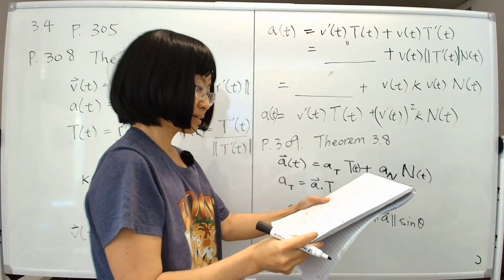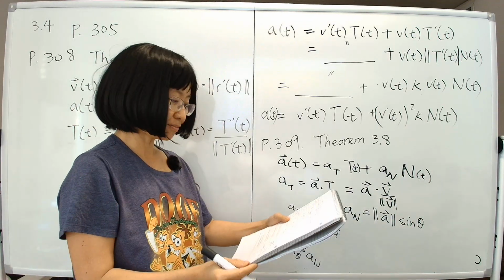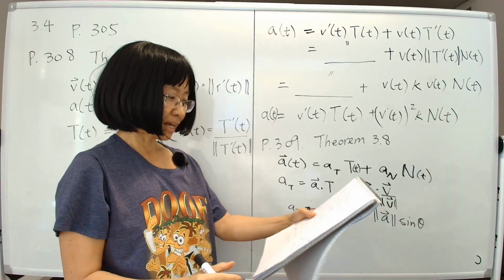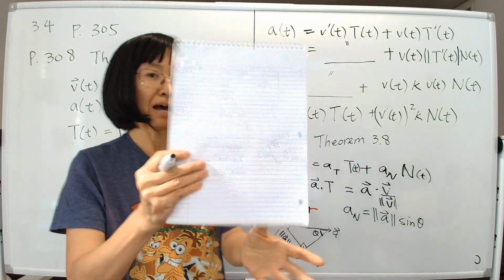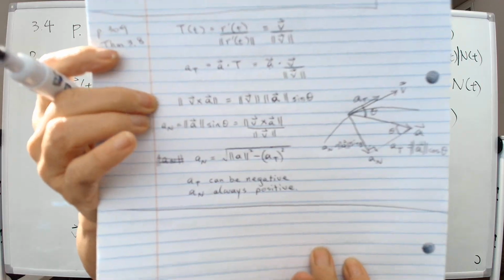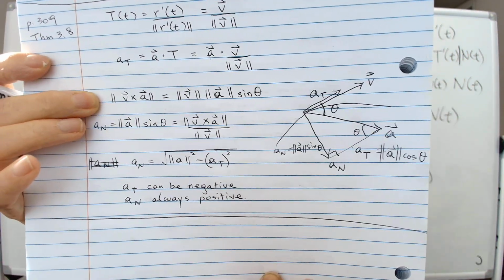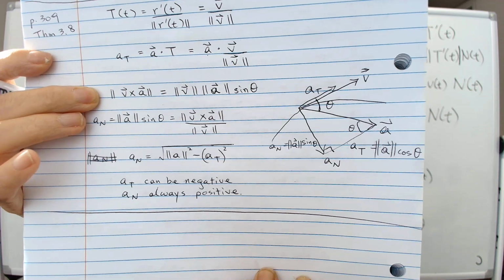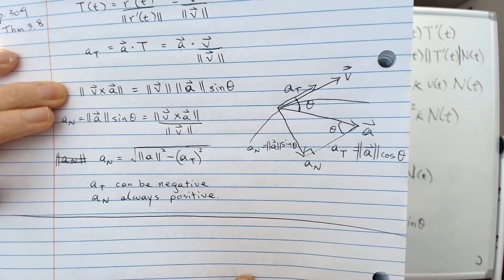Now that's fine, but we also have some kind of a cross product happening here. The cross product of V cross A, where V is a velocity vector, equals VA sine theta. That's one of the formulas for the cross product.